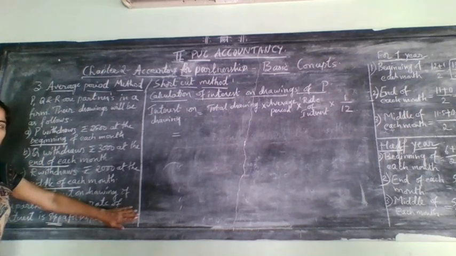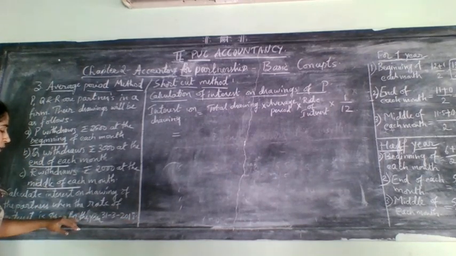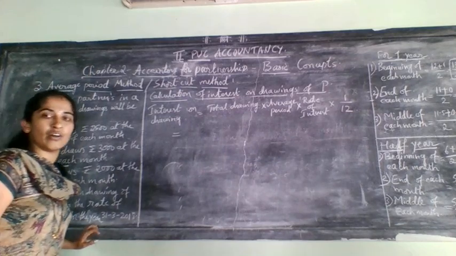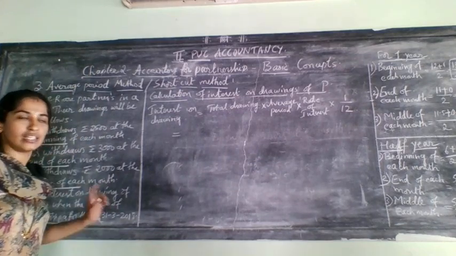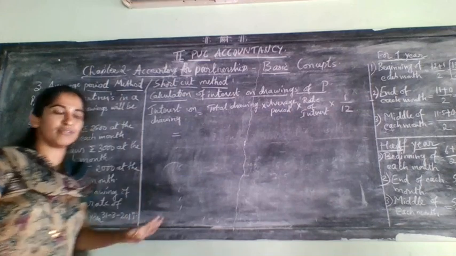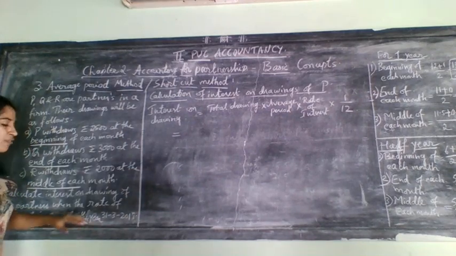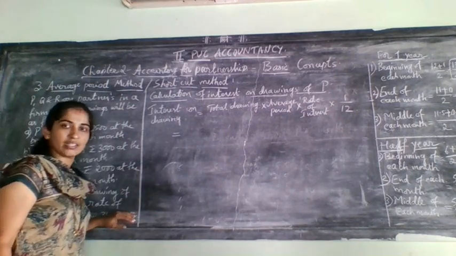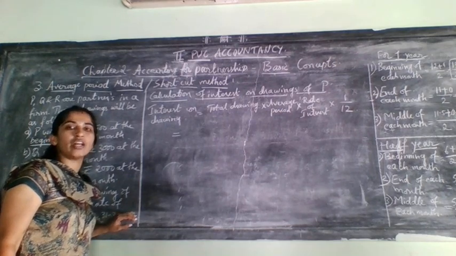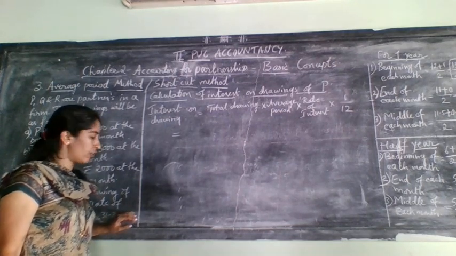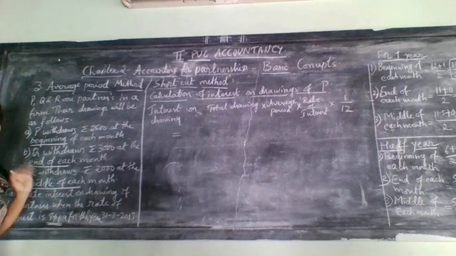If they have not given the date, and just given 8% per annum, you need to calculate for 1 year. If they have given 8% for half year, then you need to calculate for 6 months. Okay, so this is your problem. They'll give you like this.